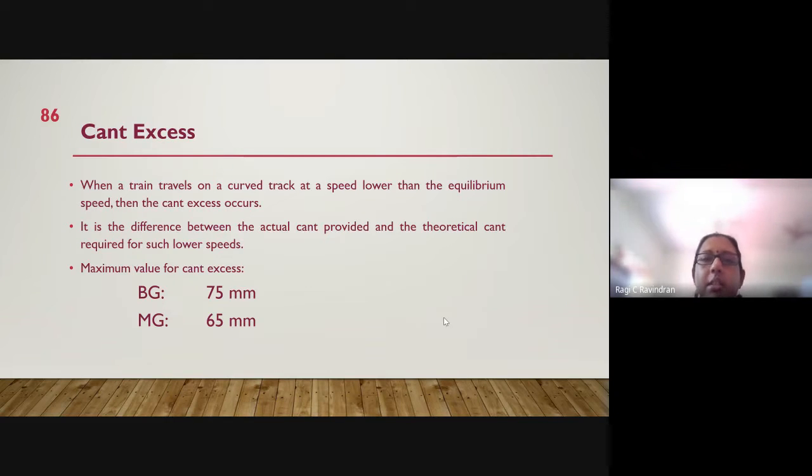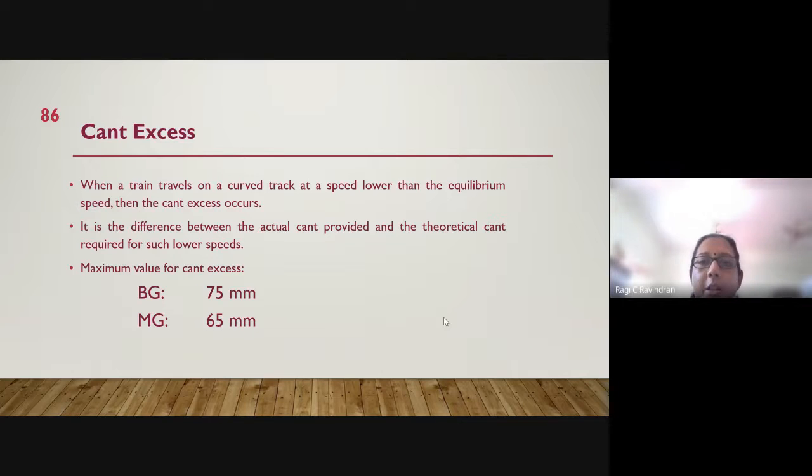Only then will the train be able to negotiate the curve smoothly at that particular speed. So if a train is moving at a speed which is less than the equilibrium speed for that track, then that train will experience some difficulty while negotiating the curve. And this is because of the cant excess.